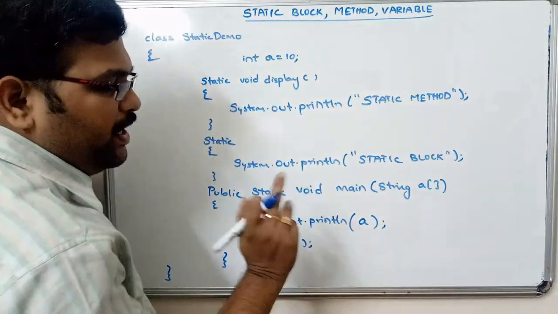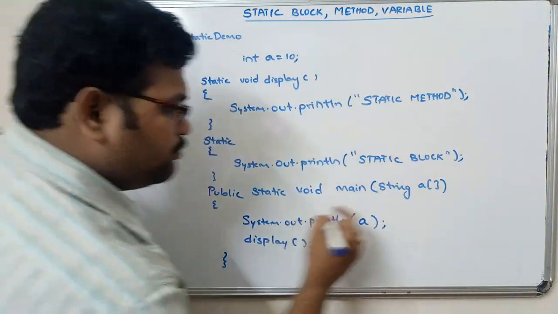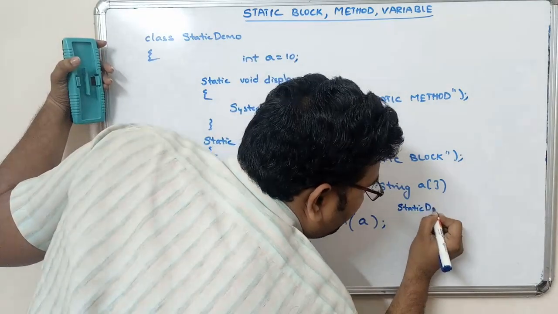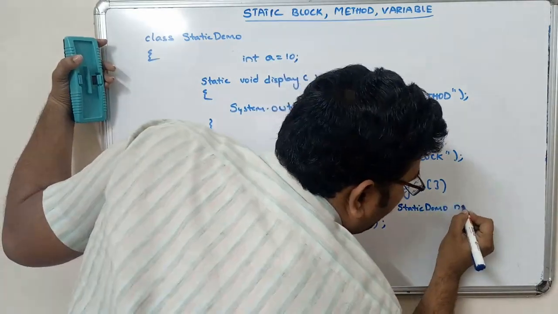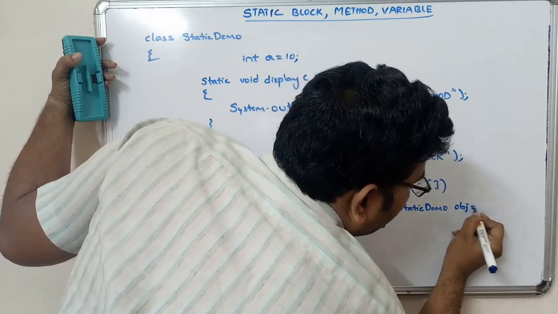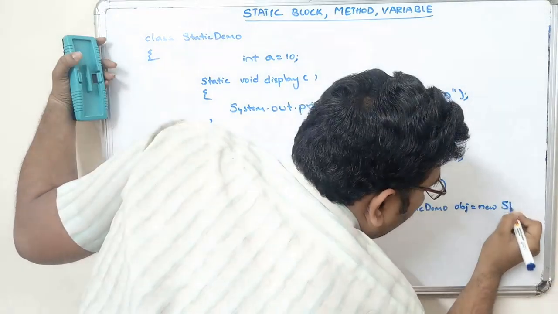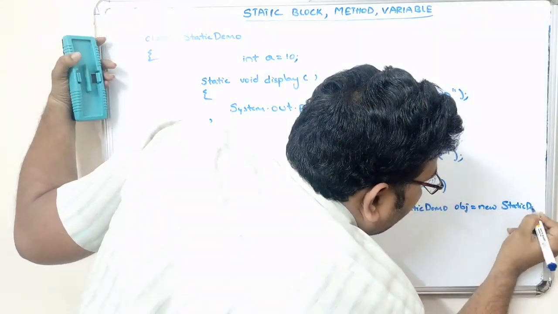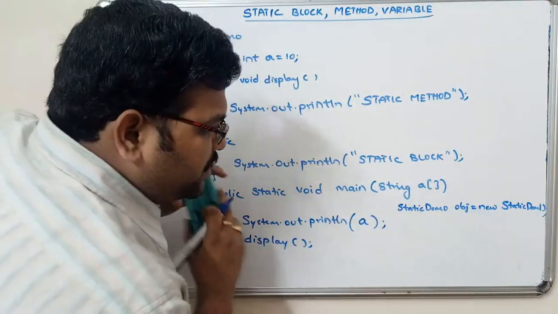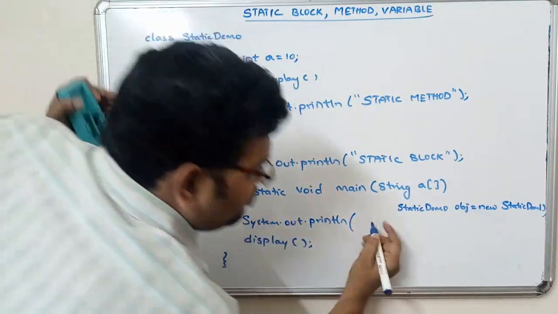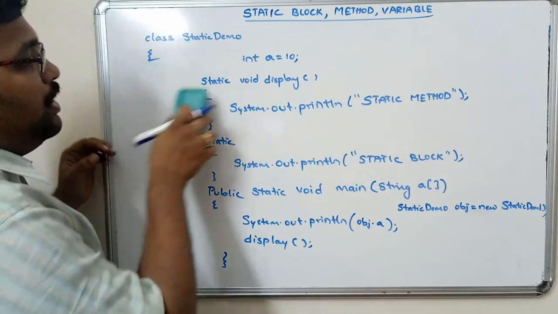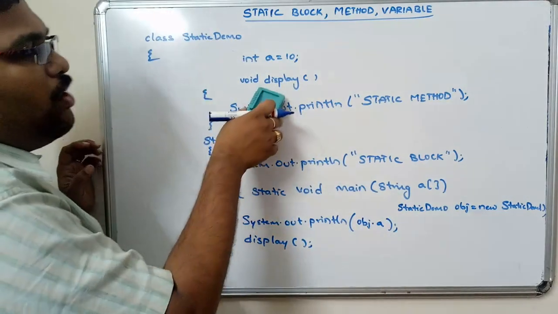If you want to print a, we have to create an object here with the class name: StaticDemo obj = new StaticDemo(). By means of this object we access the instance variable, obj.a. And here also, in the absence of static, this is a normal method.